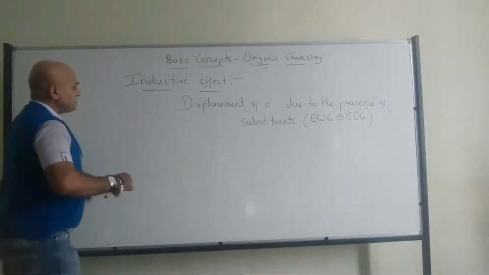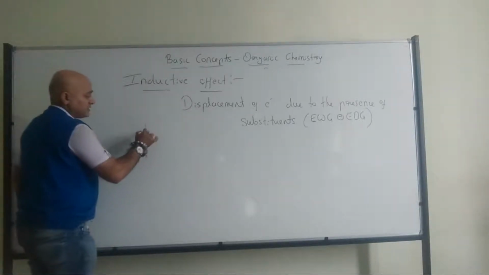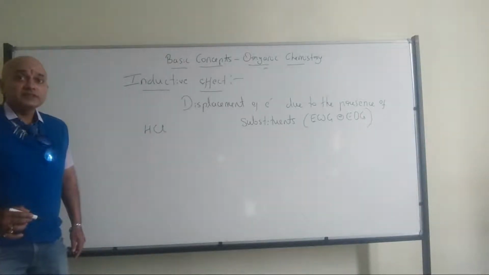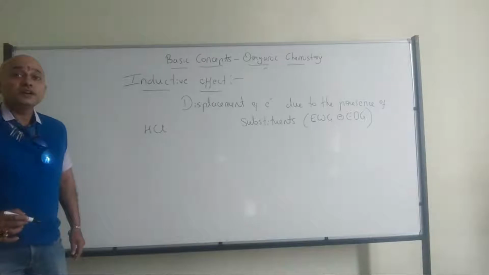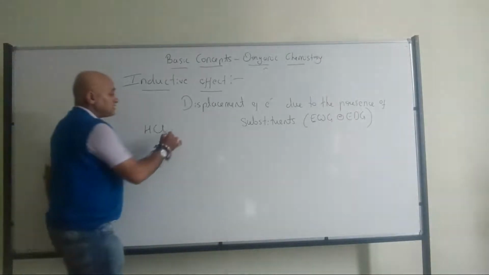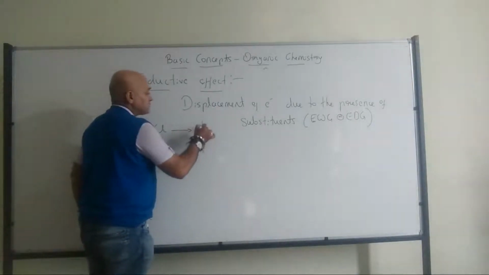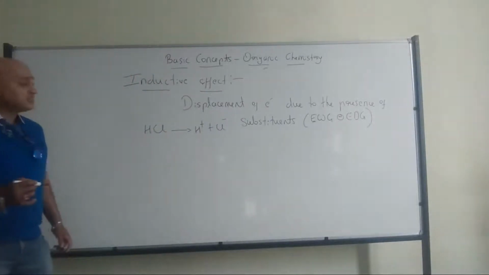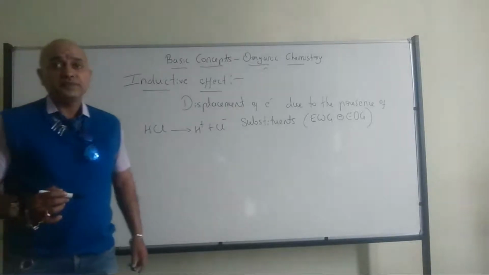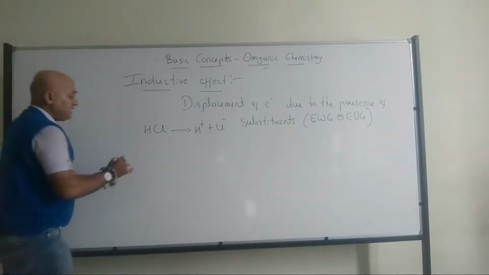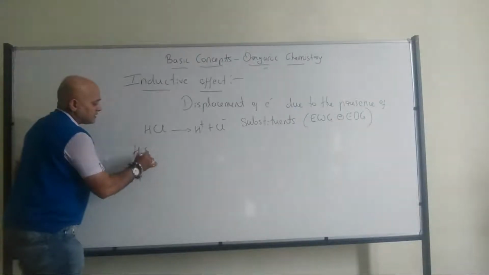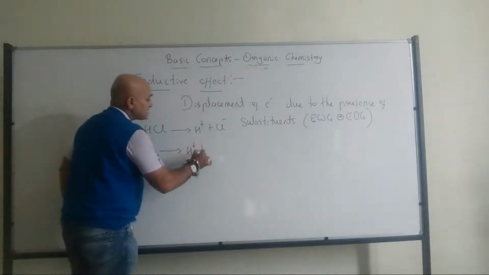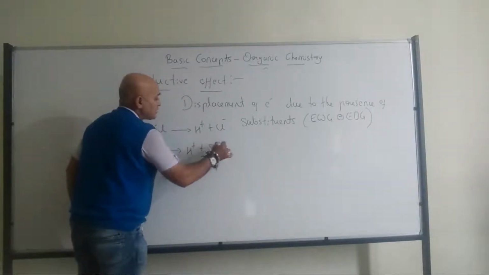So in that case, we have one of the acids, that is HCl. So why is HCl considered an acid? That is because it is going to release H plus. Now, if I take sulfuric acid, even sulfuric acid will be considered a strong acid.